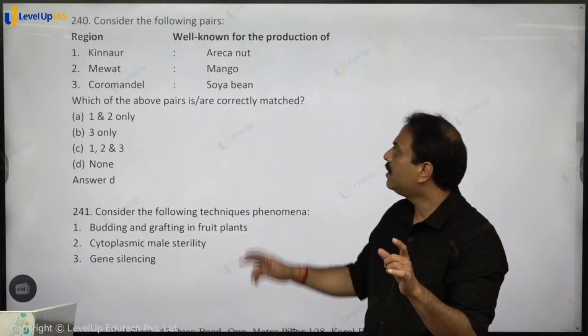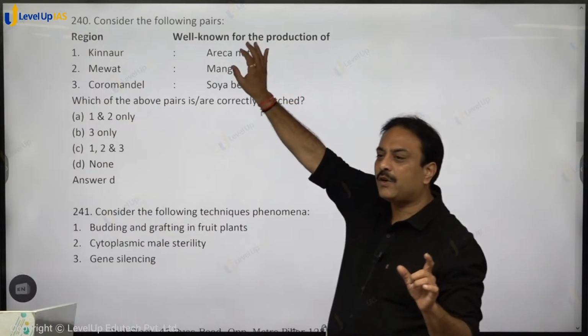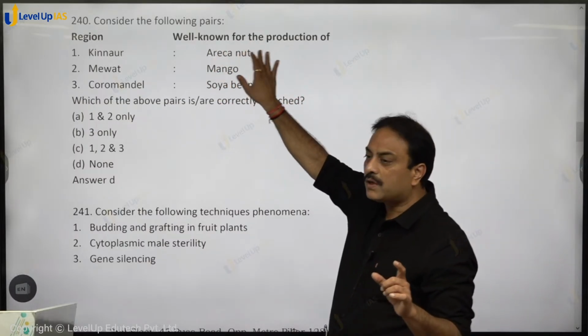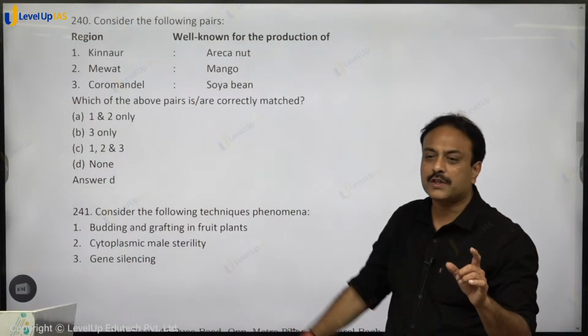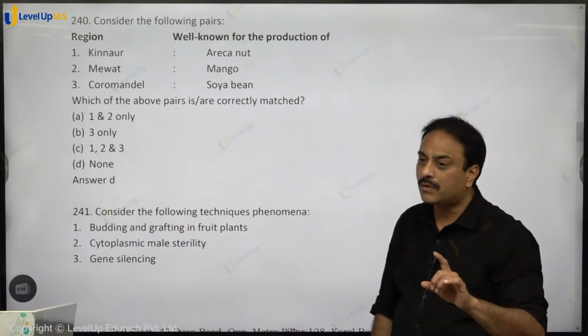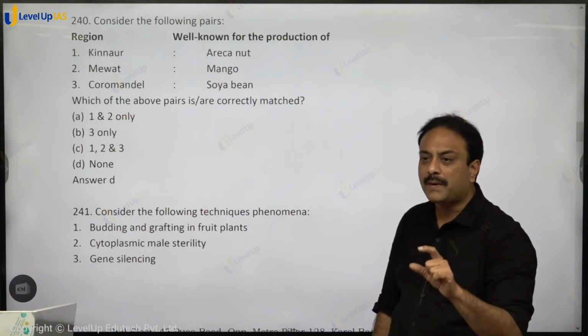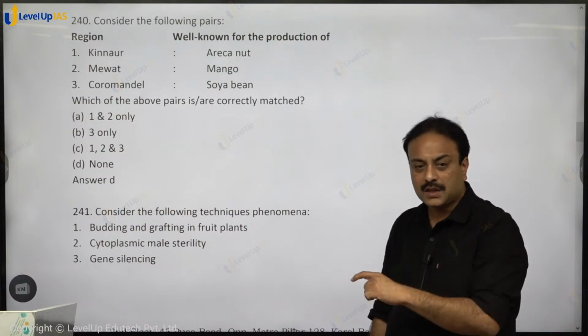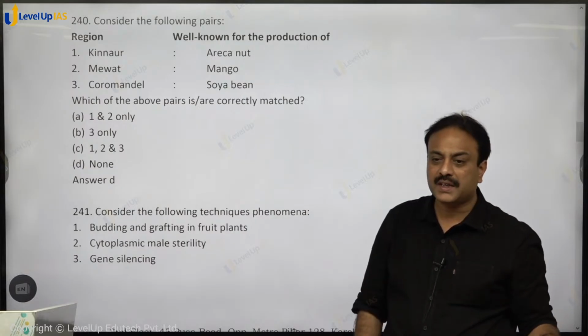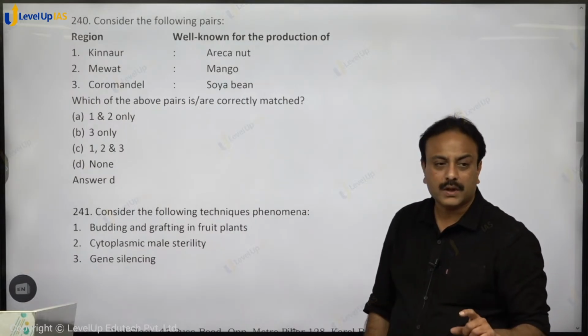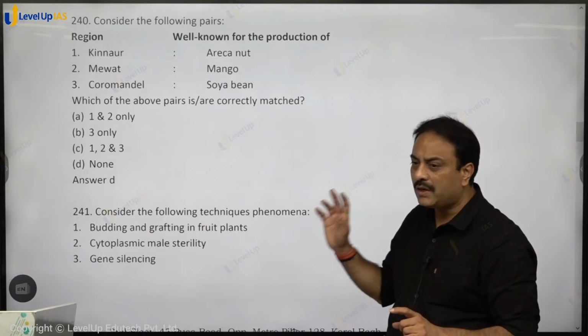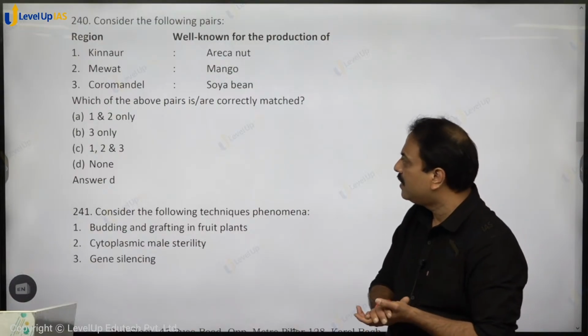But it is not well known. The statement says well known for the production of mango. It is not a well known region for production of mango. For well known production of mango, you find places in Maharashtra, Kerala, Karnataka, Uttar Pradesh. Mewat is not well known for mango, so it is not correct.